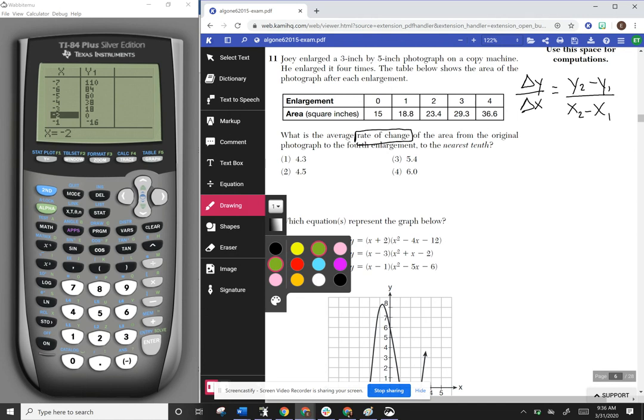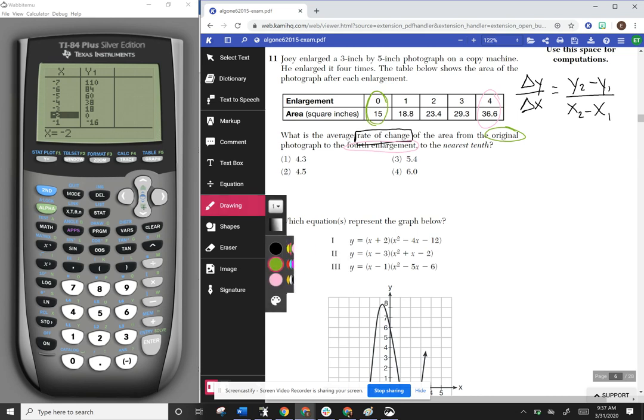And now we have to pull these points out. So we want to know the average rate of change from the area of the original. So the original is going to be 0, 15, to the 4th enlargement, which is going to be 4, 36.6.